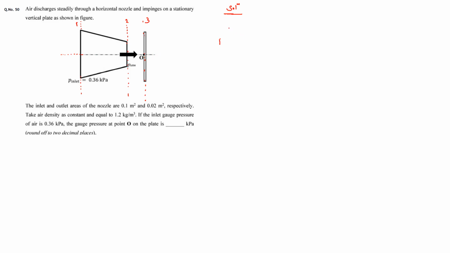So when you apply the Bernoulli, you can simply say that Z1 is equal to Z2 is equal to Z3 and neglect the potential head in the Bernoulli's equation. You'll only be left with P over rho g plus V square over 2g being constant.